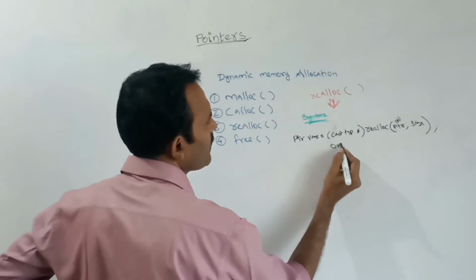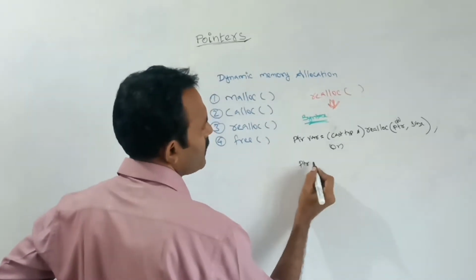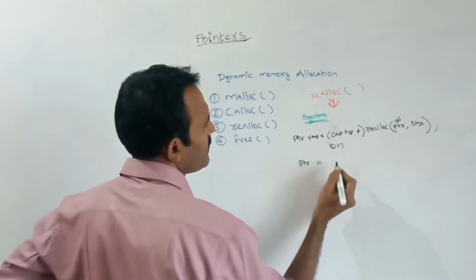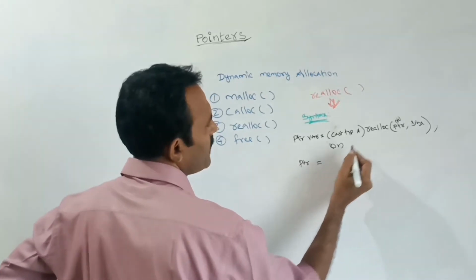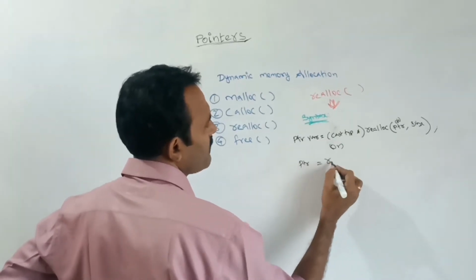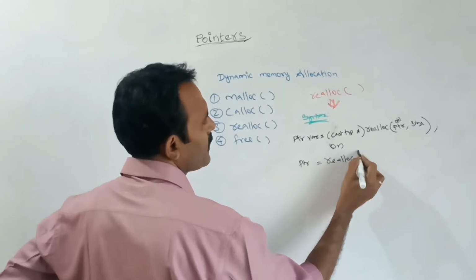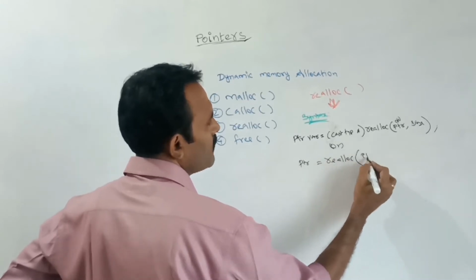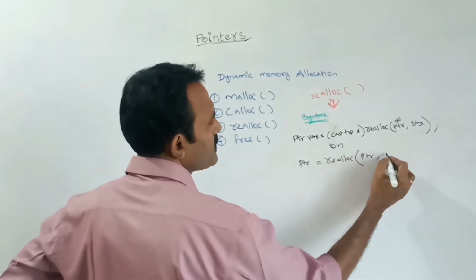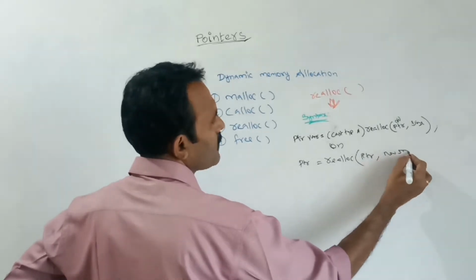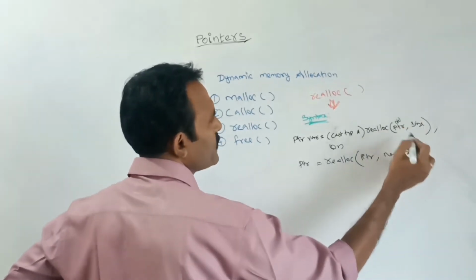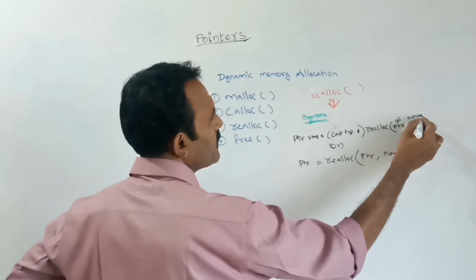Or we can give it like this also: ptr is equal to realloc, directly without the typecast, the older pointer variable, comma, the new size. For this also, the new size is how much we need.